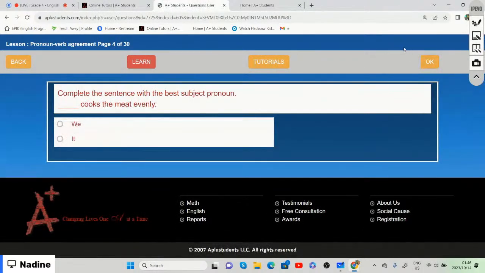We cook the meat evenly, or it cooks the meat evenly. Do we say it cooks the meat evenly, or we cooks the meat evenly? We cook or it cooks the meat evenly.